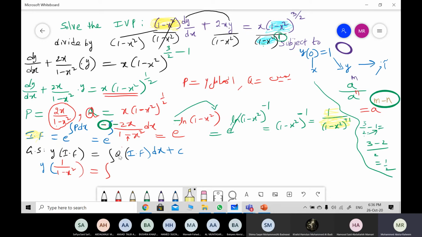Q is here, and that is this one, between two brackets: 1 minus x squared, times the integrating factor, the same 1 over this, dx, same copy, plus c.